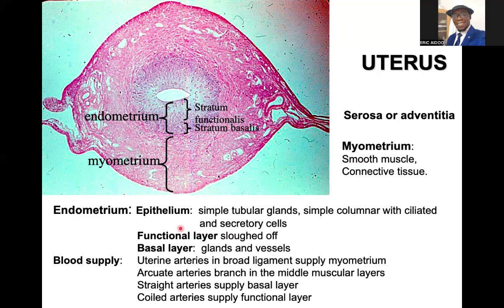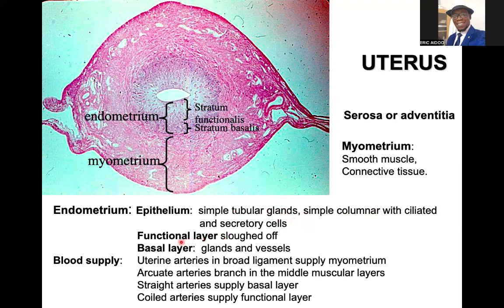The endometrium has a simple columnar epithelium, with tubes that lead into the secretory portions of the gland, so simple tubular glands.